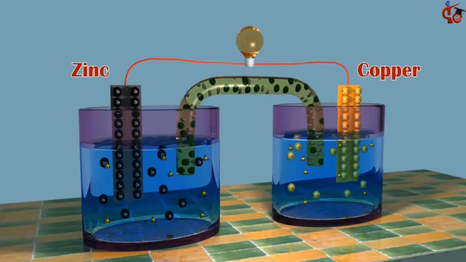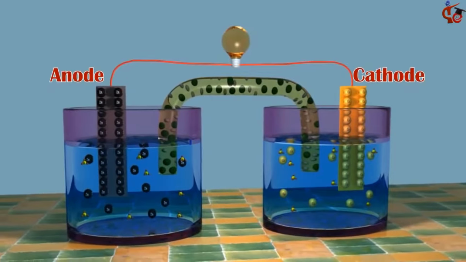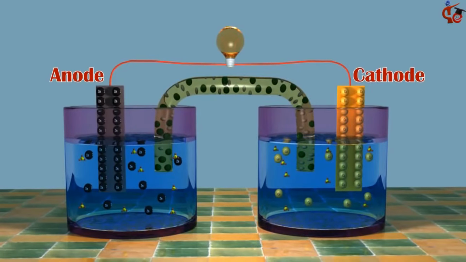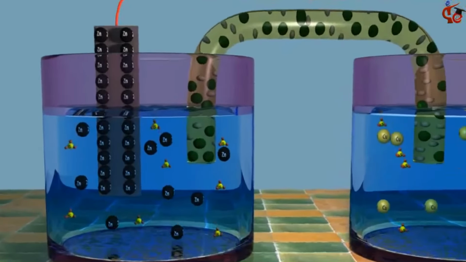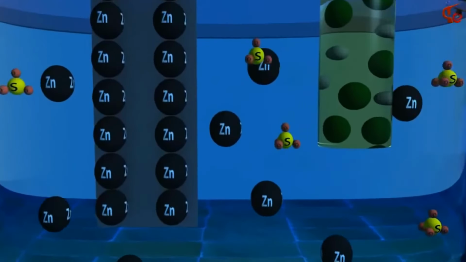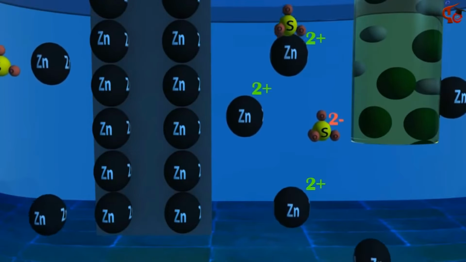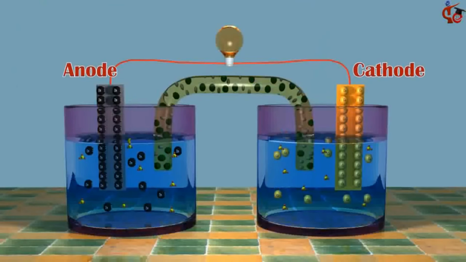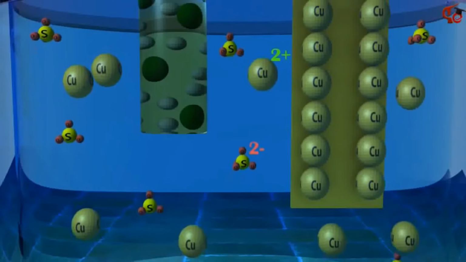A useful galvanic cell can be constructed by using zinc and copper. The anode is a zinc bar placed into a zinc sulfate solution, and the cathode is a copper bar placed into a copper(II) sulfate solution.